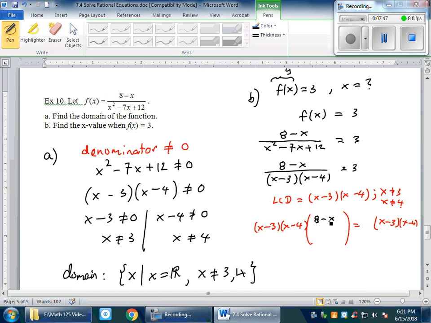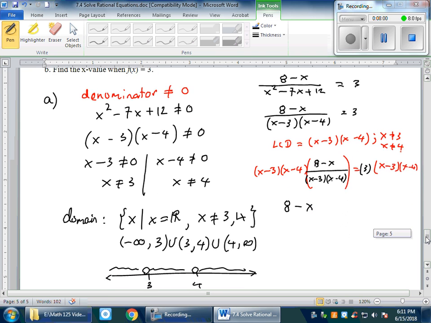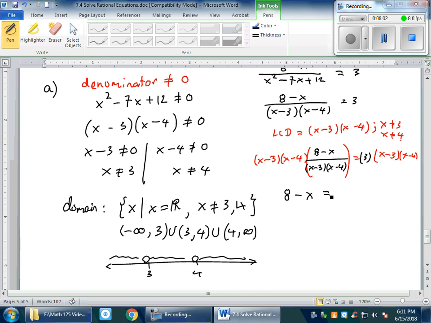We have (8 minus x) over (x minus 3)(x minus 4) on the left, and on the right hand side is 3. The left hand side reduces, so we're left with 8 minus x. On the right hand side we multiply 3 back in, which gives 3 times (x squared minus 7x plus 12).